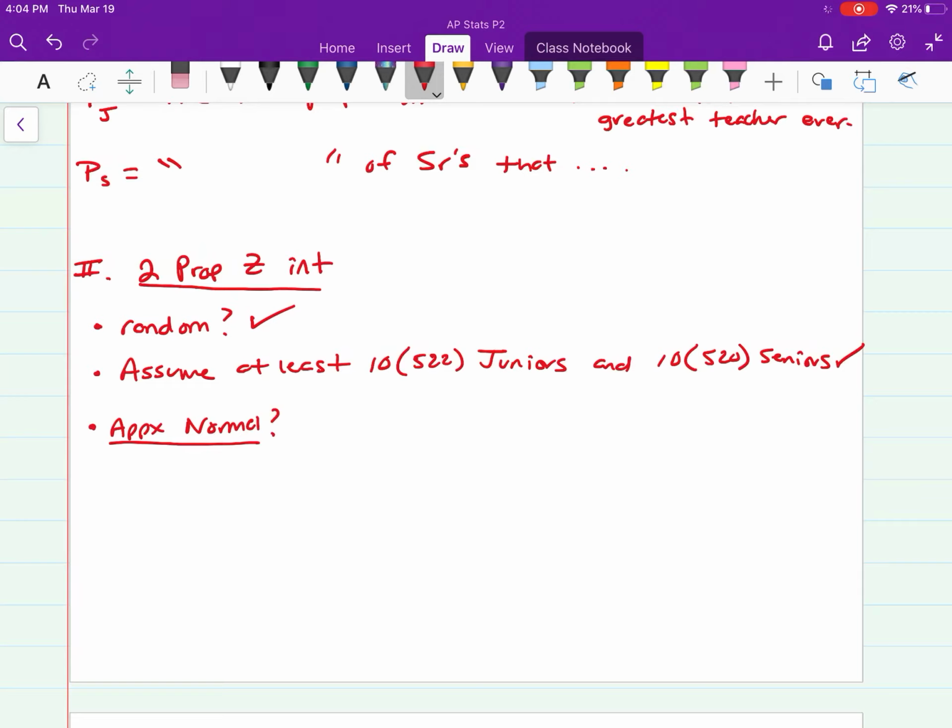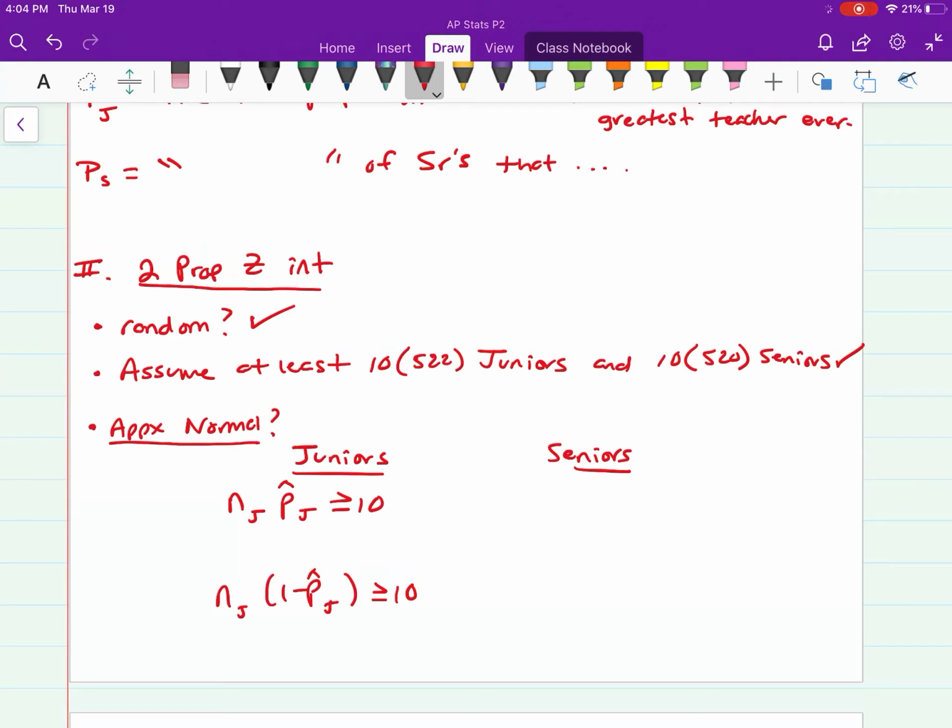Let's go juniors, seniors. All right, for the juniors, we're going to have to check n_j, the sample size for the juniors, times p hat j, greater than or equal to 10. And then we'll check n times 1 minus p hat juniors greater than or equal to 10.